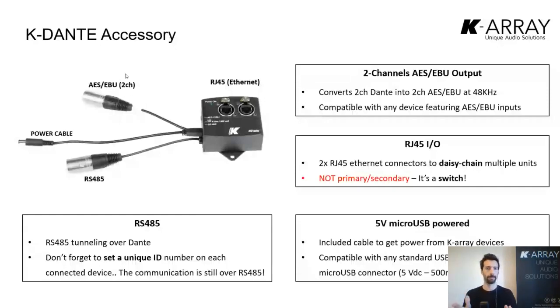No, that's not the case. The two Ethernet connectors are kind of in switch mode. So this is like a little switch, and it's used to daisy chain more of these accessories together. So you enter in one port, you exit from the other port. It's like a little two-port switch, okay?